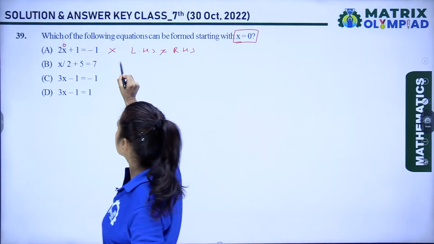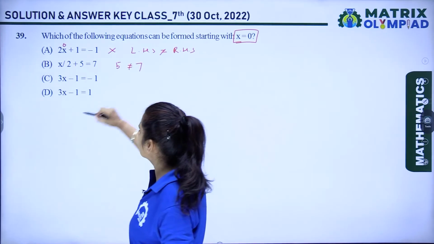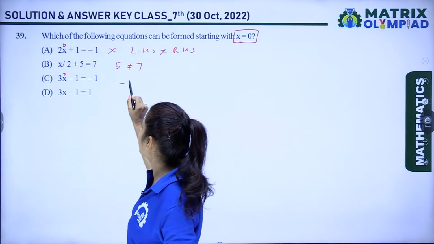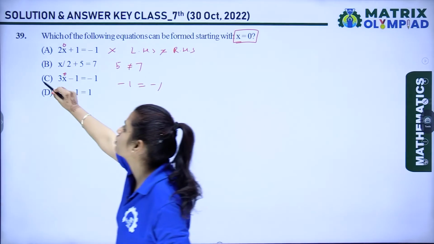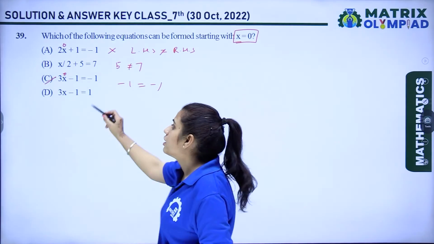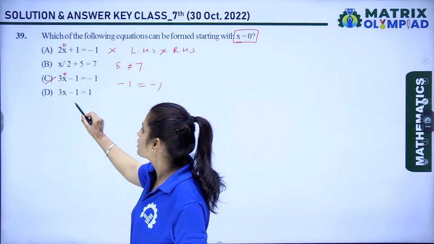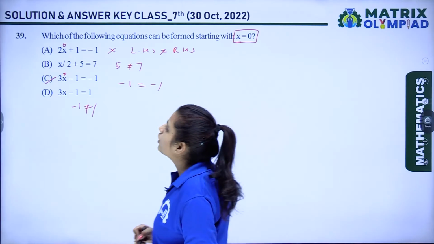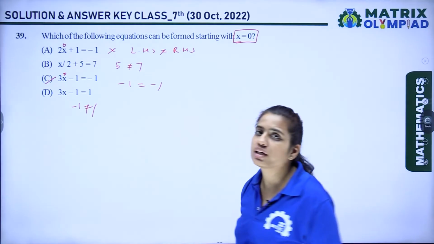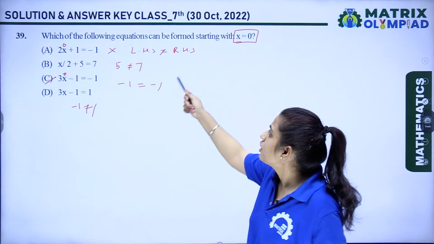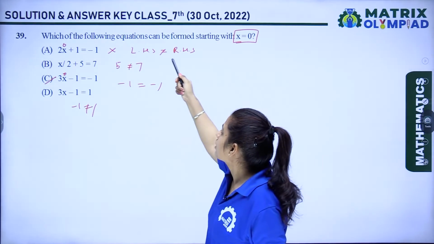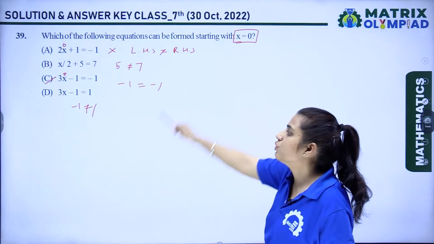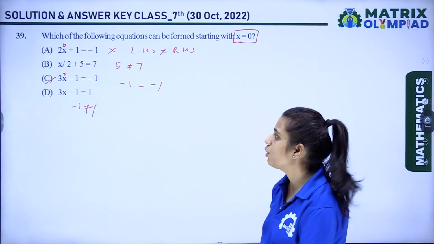Now the next, we have 5 is not equal to 7. If we put 0 here, then minus 1 is equal to minus 1. So this option is correct. Now here let's solve the last option also. Minus 1 is not equal to 1. So only option C is the correct answer. So the equation that can be formed starting with x equal to 0 is only option C out of these 4 options.